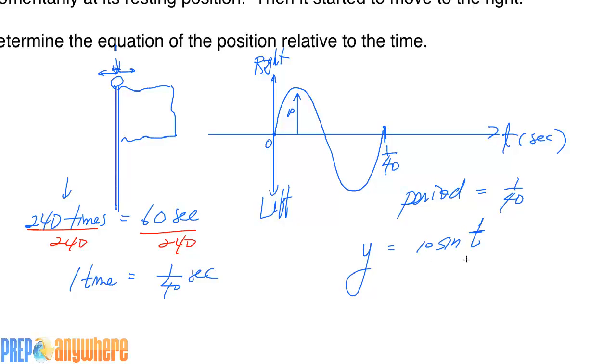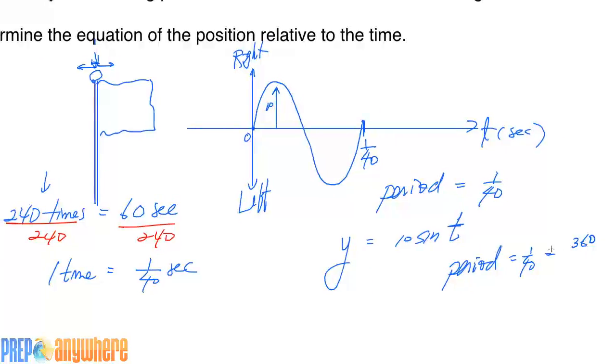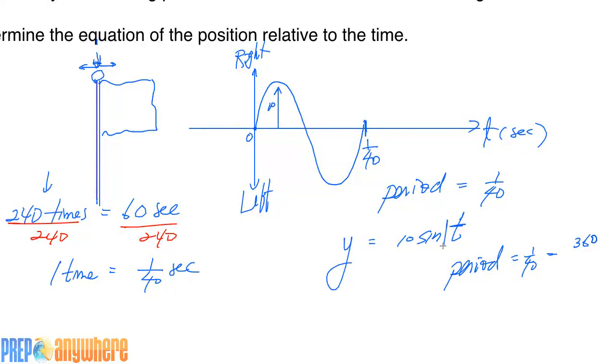This will be 360, not 1/40. So if I shrink it, we can eventually shrink it to 1/40, right? So the period is actually 1/40 right now, and that has to equal 360 divided by the number I'm going to put in front of the t.